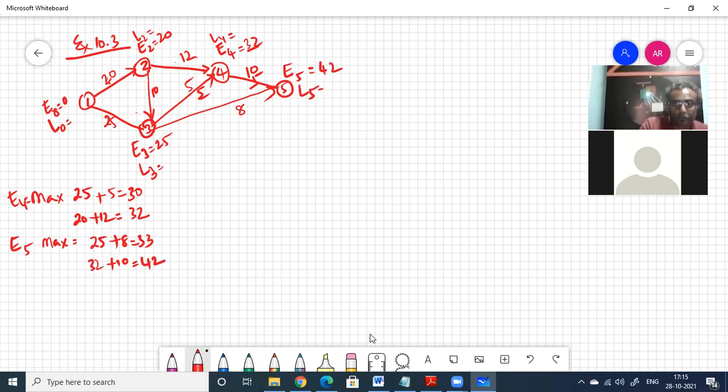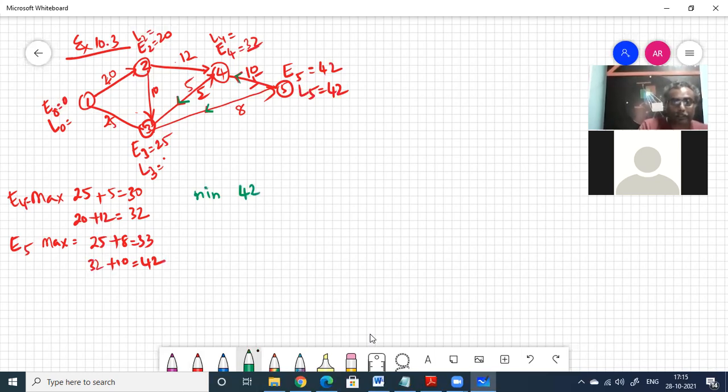L5 equal to 42. Now you do the backward pass. In the backward pass, you are coming only one direction. So this will be 42 minus 8, which is 34, or it can come back this way.